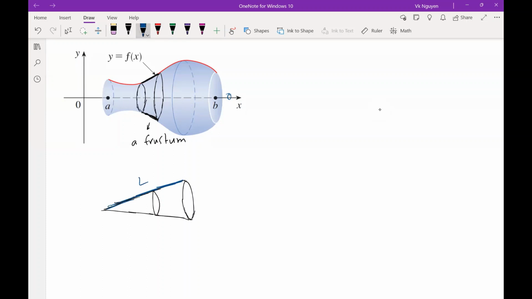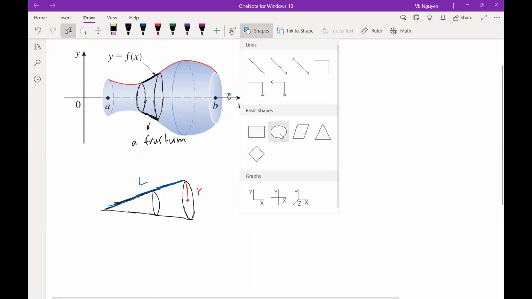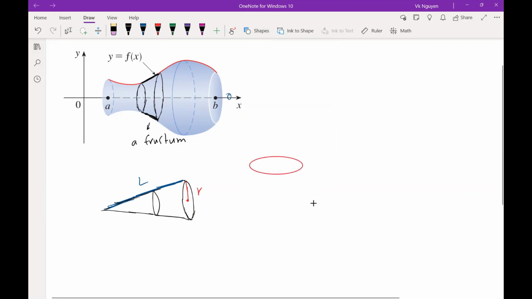This length is L, and this would be the smaller radius r. If we cut out this cone right here, then it's going to fit onto a circle, and it's just a part of the circle.